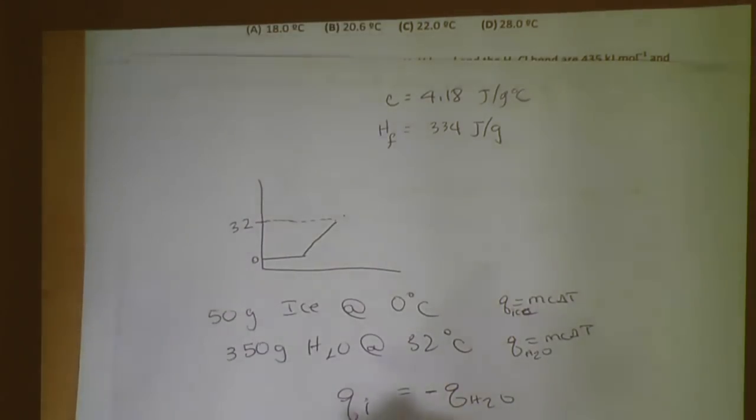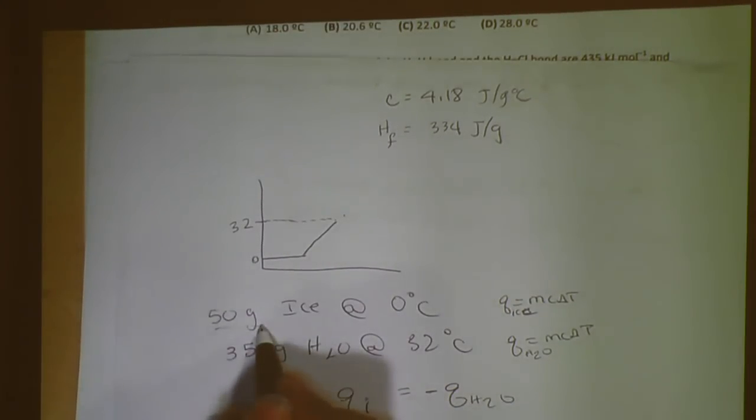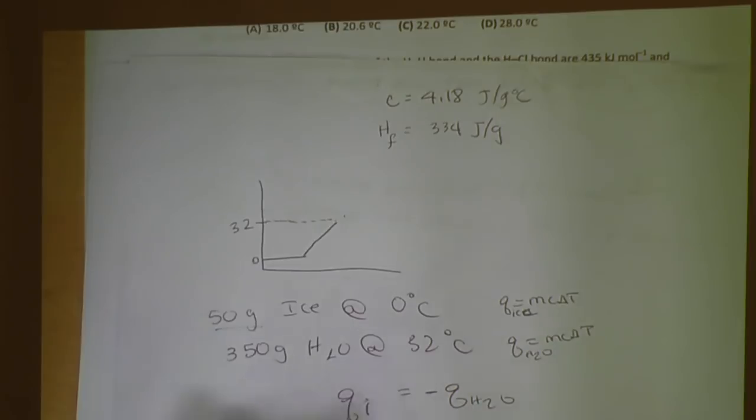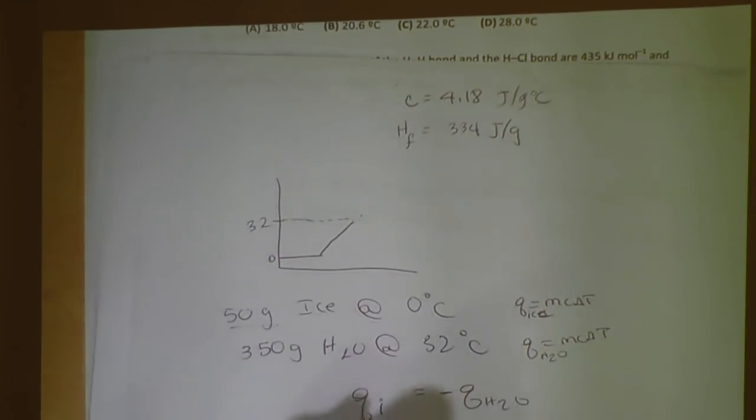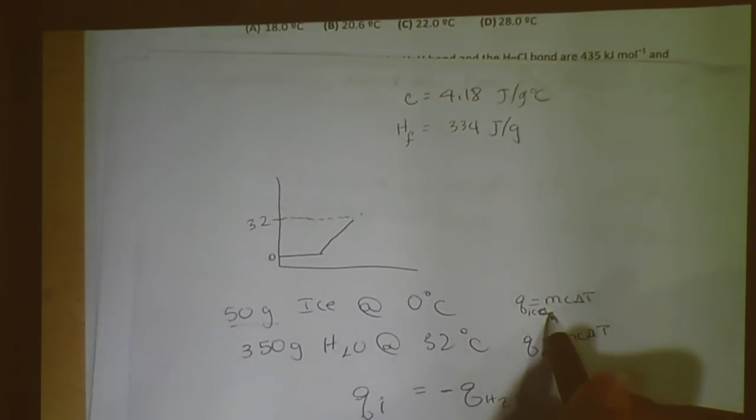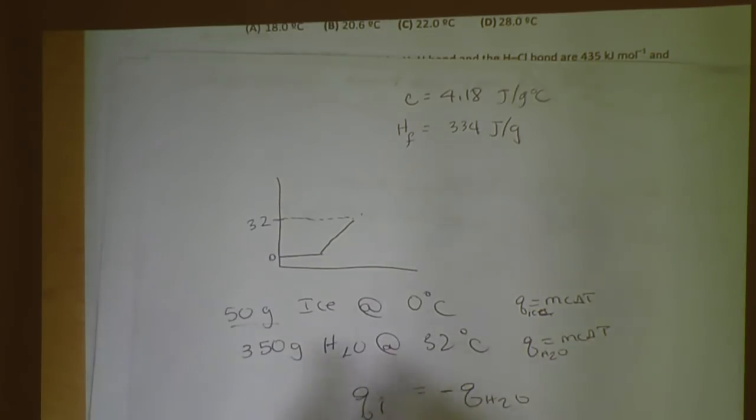So you have Q1, which is going to use the ice. So we're going to make Q1 the ice. So 50 grams, because that's M. Here, instead of the C for ice, you would use the 4.18.